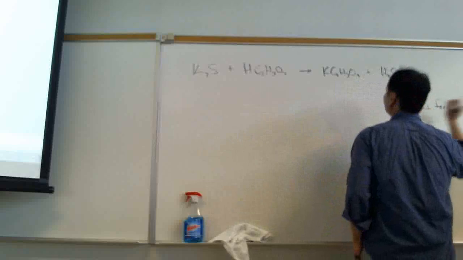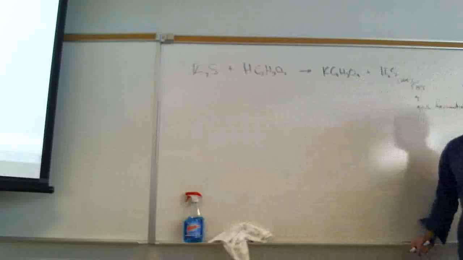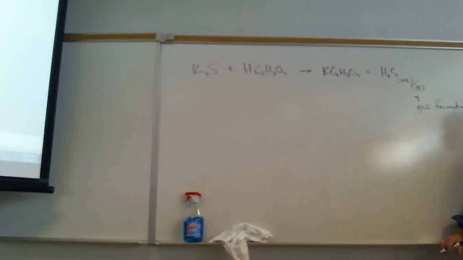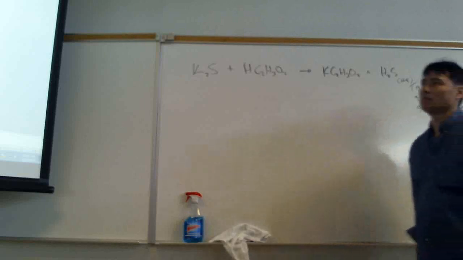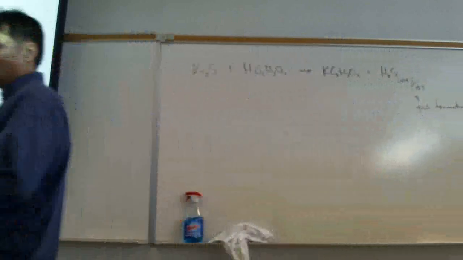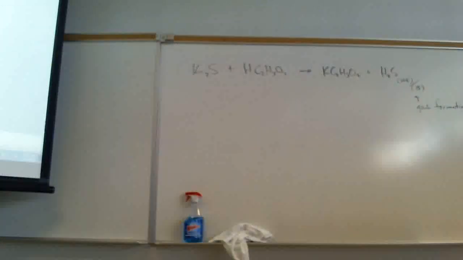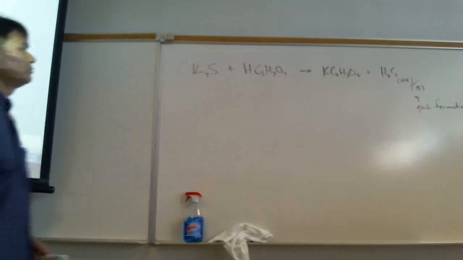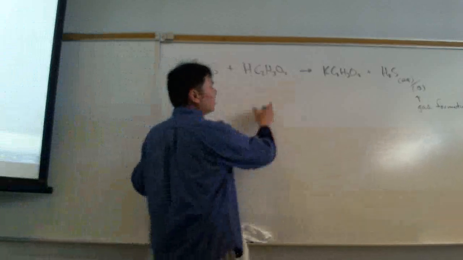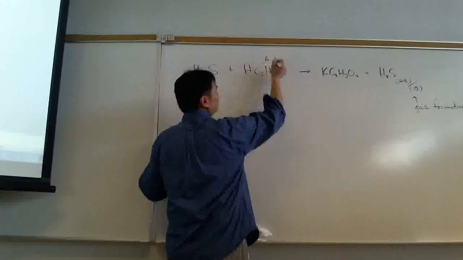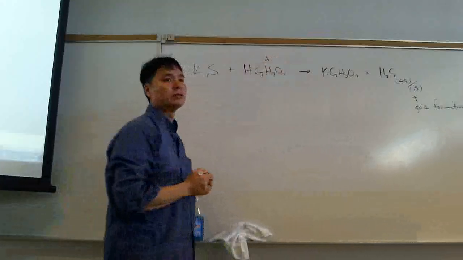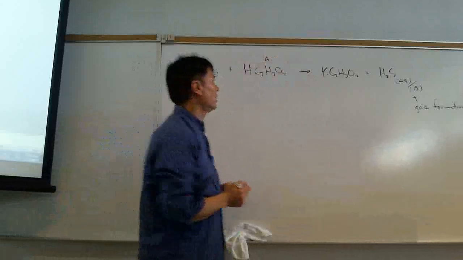Are there any other driving forces that you might see in this? Yes, weaker acid. And so we're going from a stronger acid, what's a stronger acid? Well, acetic acid, to a weaker acid. What's a weaker acid? Yeah, hydrogen sulfide.